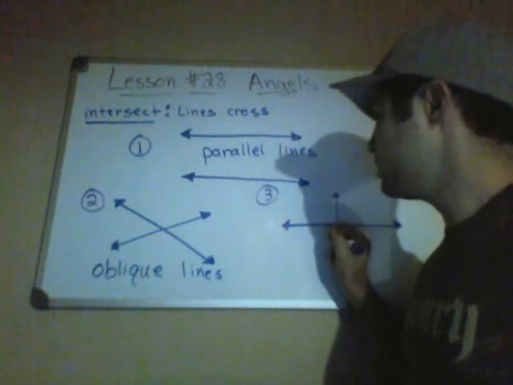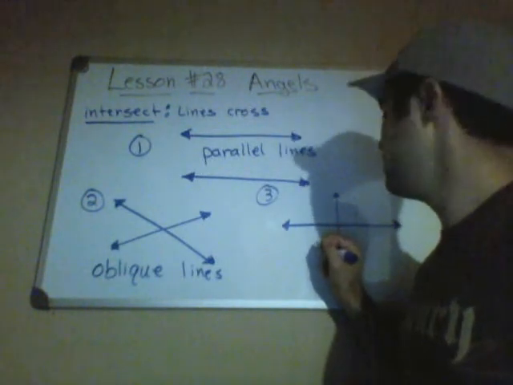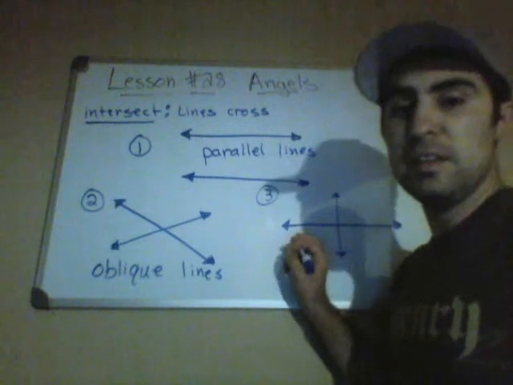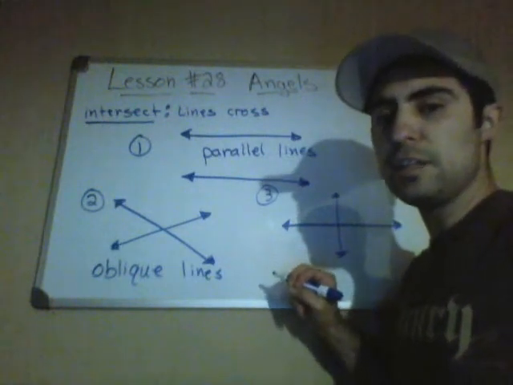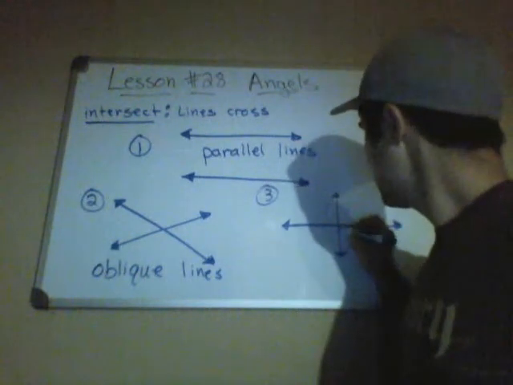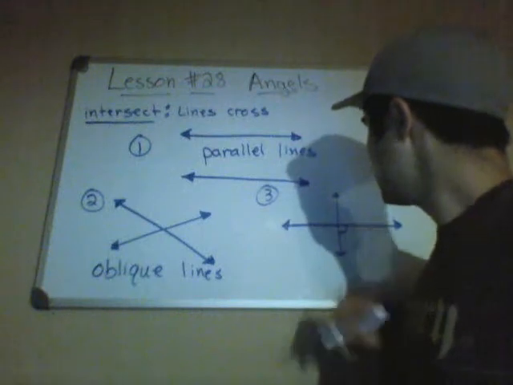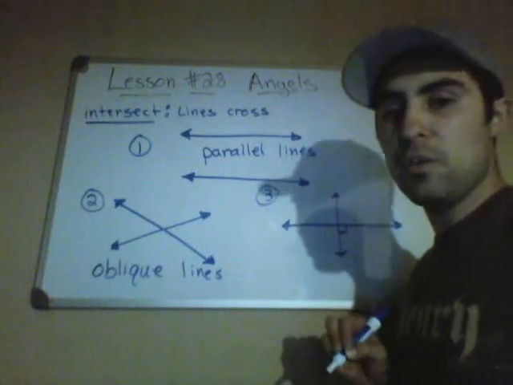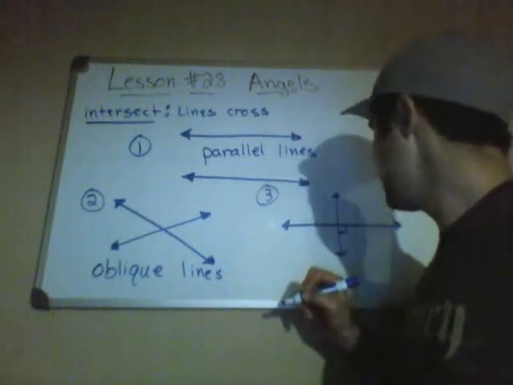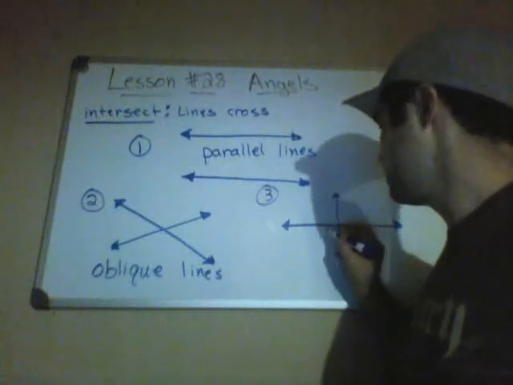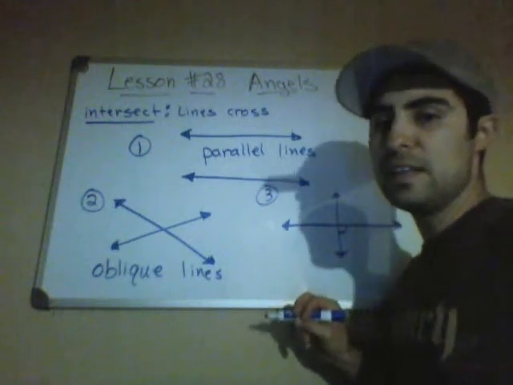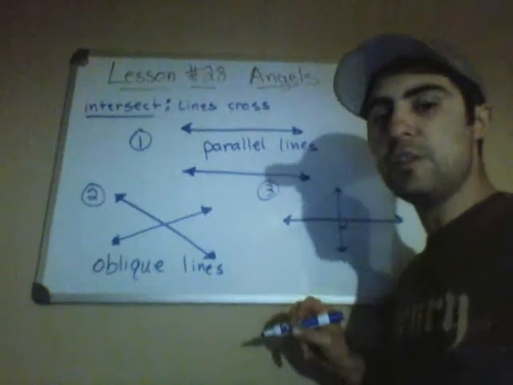Alright, these are special type of lines that cross. These lines are known as perpendicular lines. Perpendicular lines cross and they have a 90-degree angle. That means they're exactly straight up and down. Not necessarily, it depends on what your definition of up and down are.